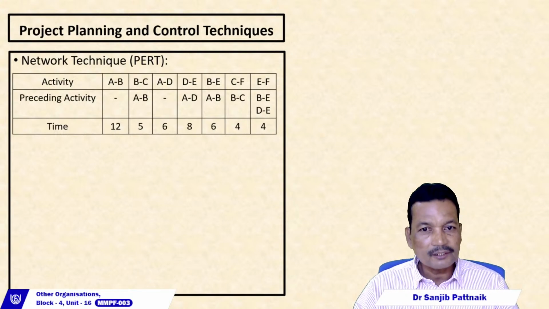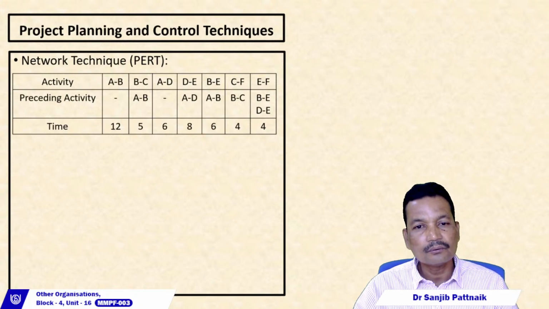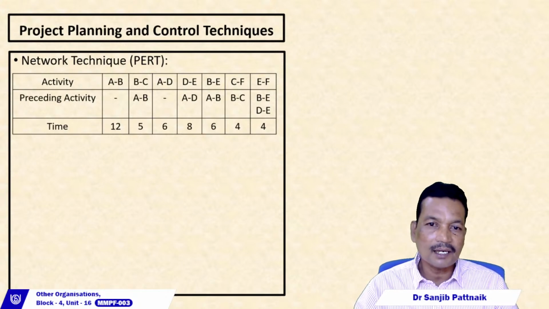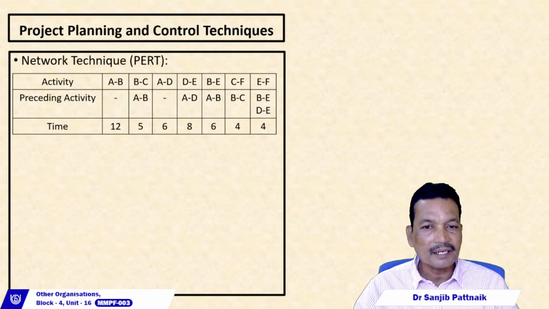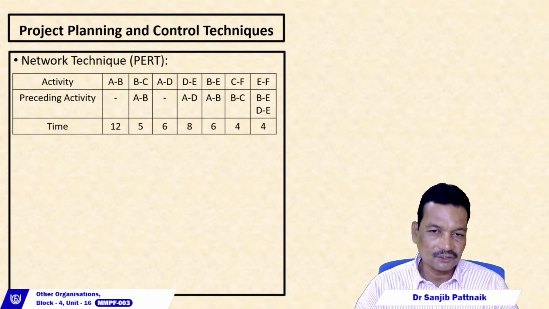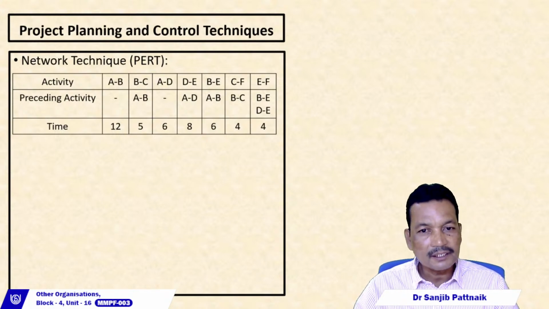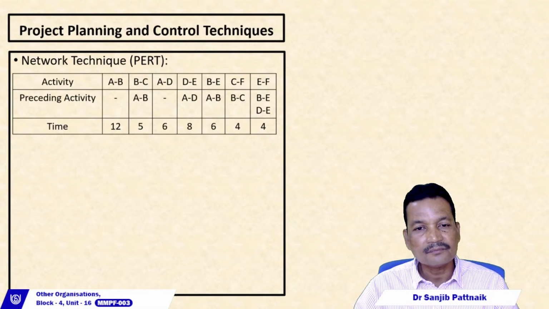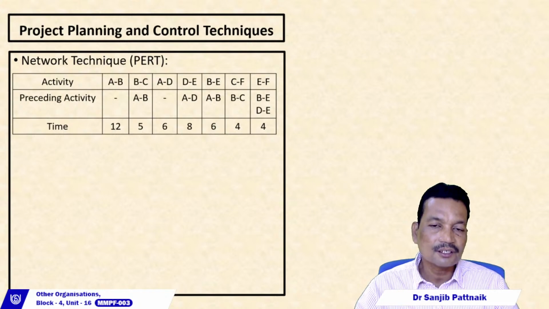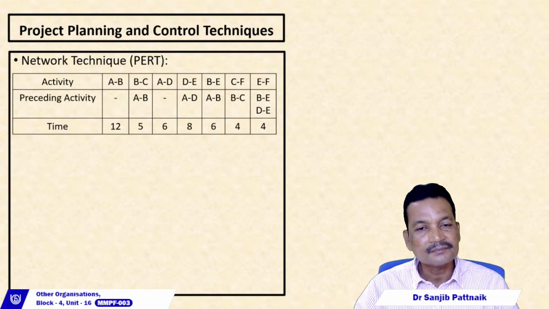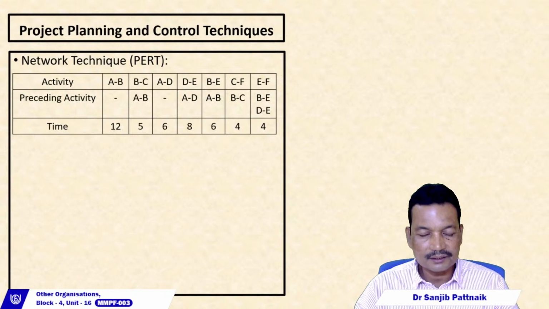In this block 4, we are attempting to look at how management control is applied in various types of industry. One unit focused on various kinds of institutions, like the financial institutions, like the banks, like the insurance companies, etc.